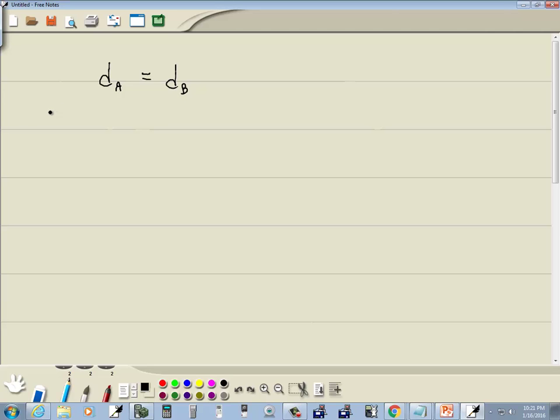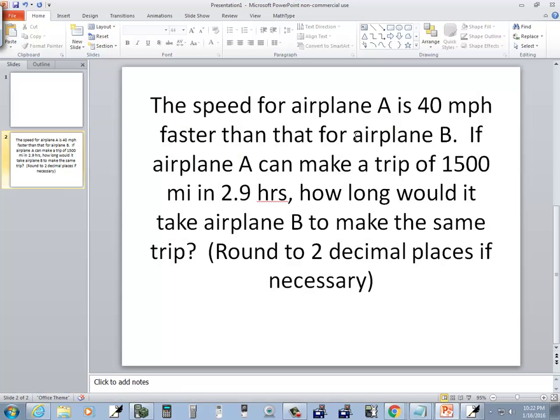Okay, now distance is equal to R times T. So I'm going to replace the D on both sides with R times T. And I'll put a sub A here, and I'll put a sub A here to indicate airplane A. And over here, I'll put a B on both of these to indicate airplane B.